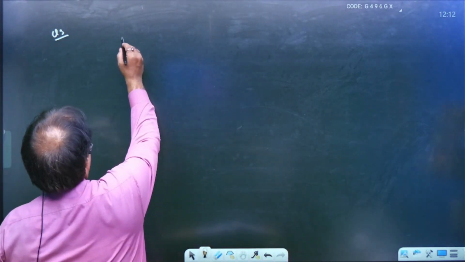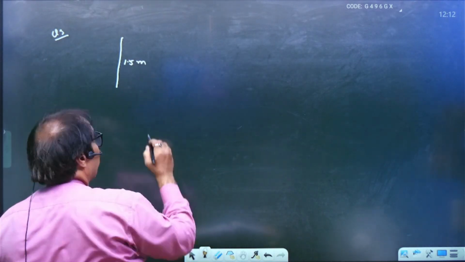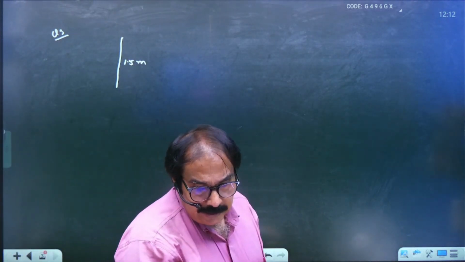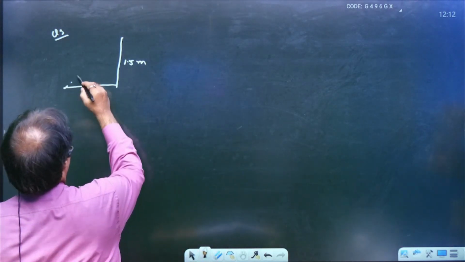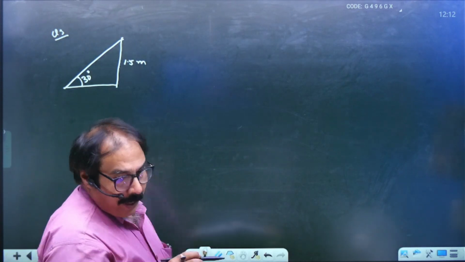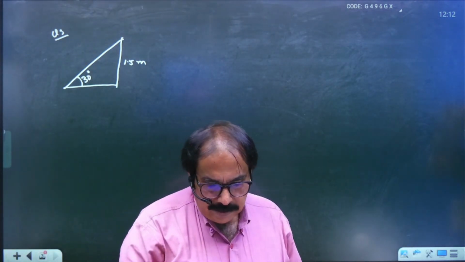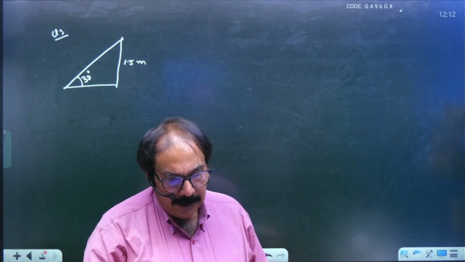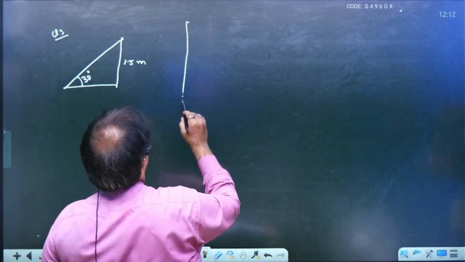This is the height of 1.5 meter, and inclined at an angle of 30 degree. So this angle is given 30 degree. Whereas for the elder children she wants to have a steep slide to a height of 3 meter, right, to a height of 3 meter.